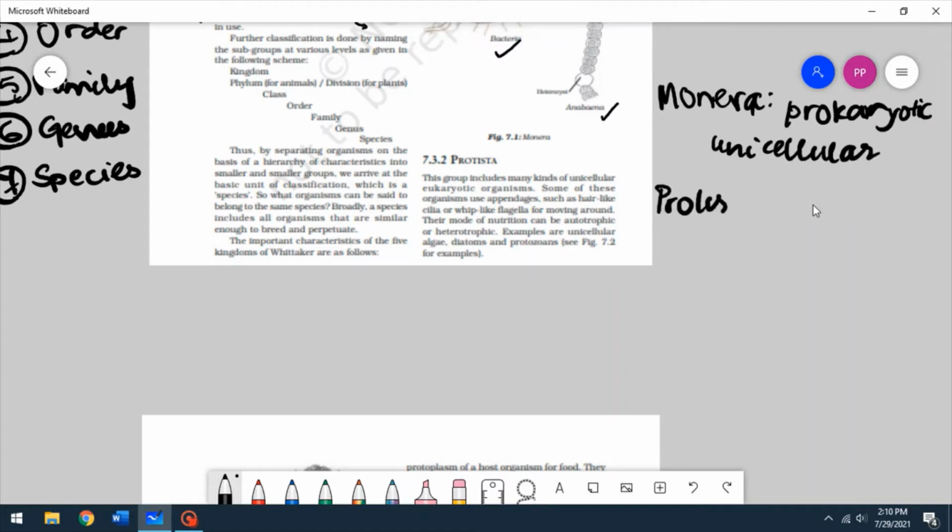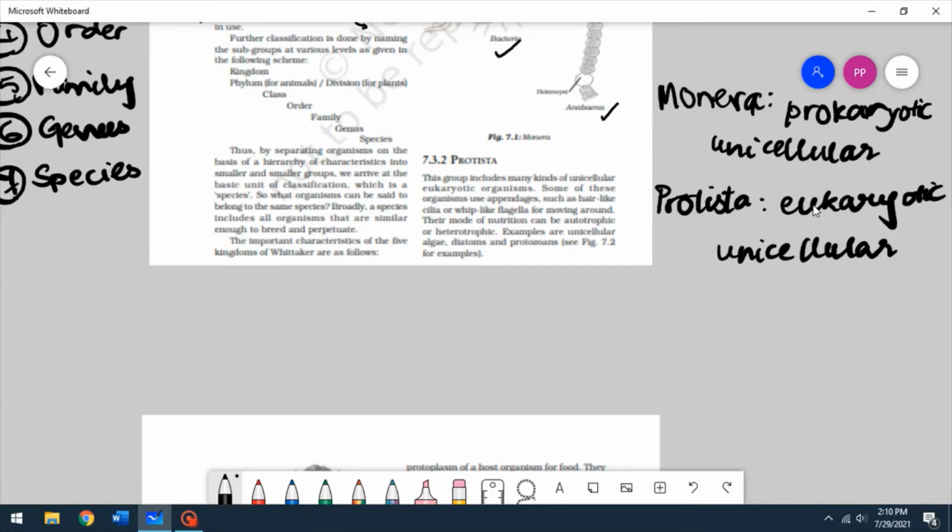Protista would be eukaryotic, unicellular. Alright, that is the main difference between Monera and Protista. Monera is prokaryotic unicellular organisms and Protista is eukaryotic unicellular organisms.